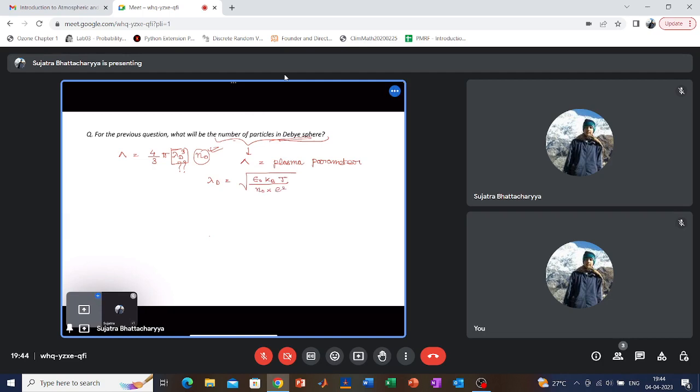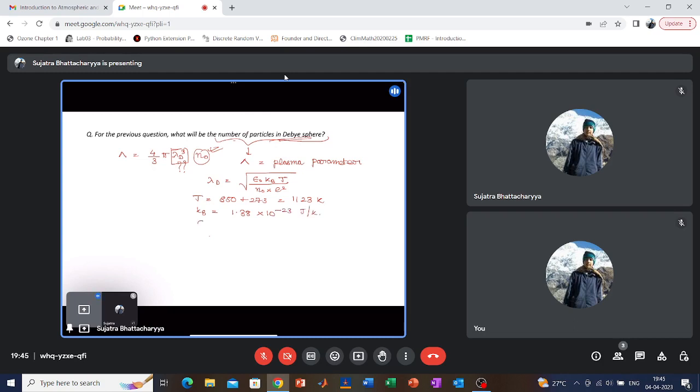Temperature was how much? 850 degrees Celsius. So it has to be converted into Kelvin. 850 plus 273 comes out to be 1123 Kelvin. What is the value of Kb? It's 1.38 into 10 to the power minus 23 joules per Kelvin.